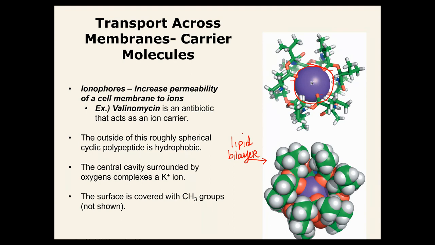So in the case of a carrier molecule for an ion, the outside of it that touches the lipid bilayer has to be nonpolar residues, but the part in contact with the positive ion would have to be negatively charged.